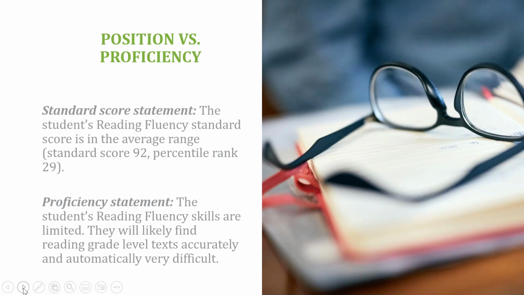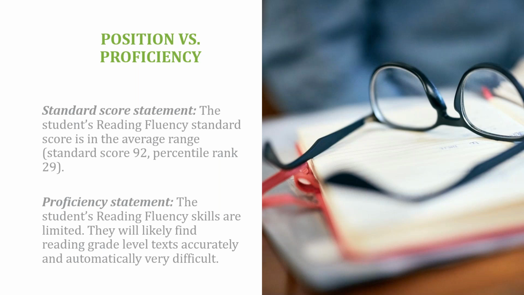So if we take that example and we write up our synopsis of their performance through a standard score statement, we would say that the student's reading fluency standard score is in the average range, standard score of 92, percentile rank of 29. However, if we write it through that proficiency statement through the RPI lens, we would state the student's reading fluency skills are limited.